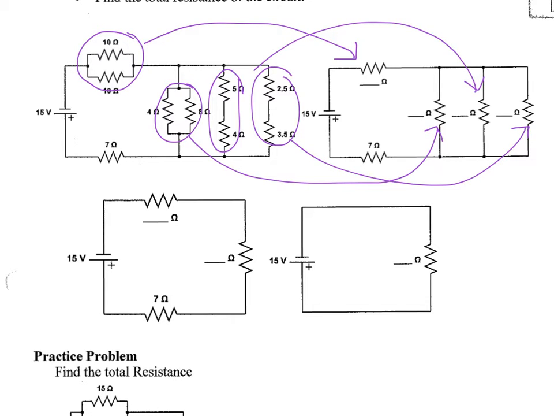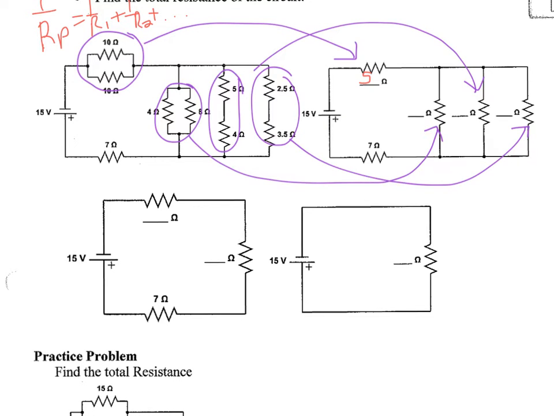So looking at equivalent resistance, we know that for resistance in parallel, 1 over the equivalent resistance equals 1 over R1 plus 1 over R2 plus however many resistors you have. So 1/10 plus 1/10, and then the reciprocal of that is 5 ohms.